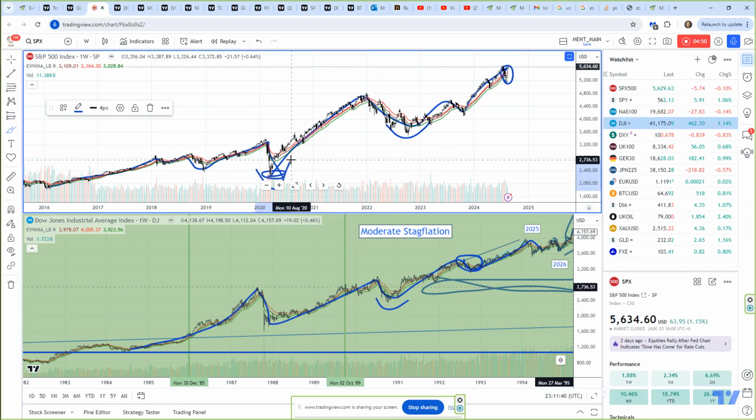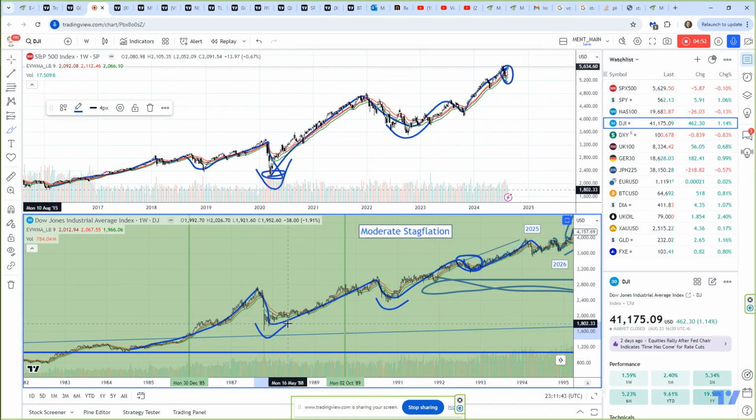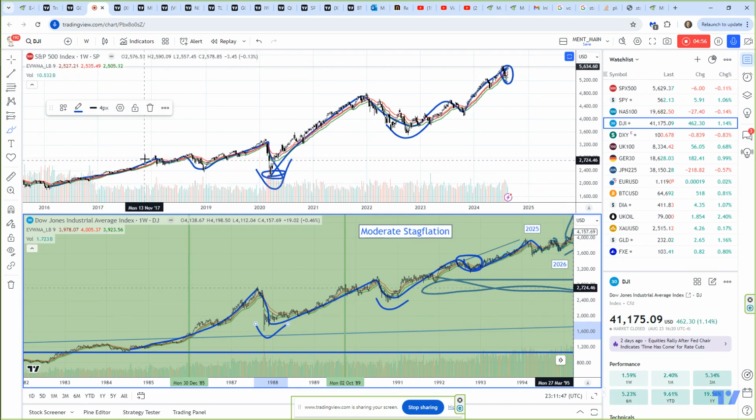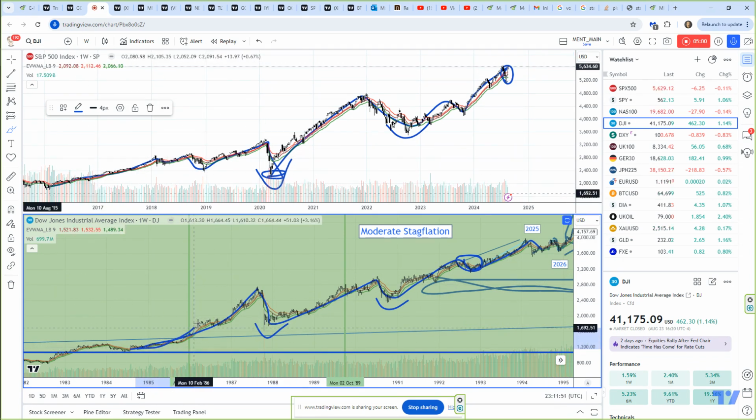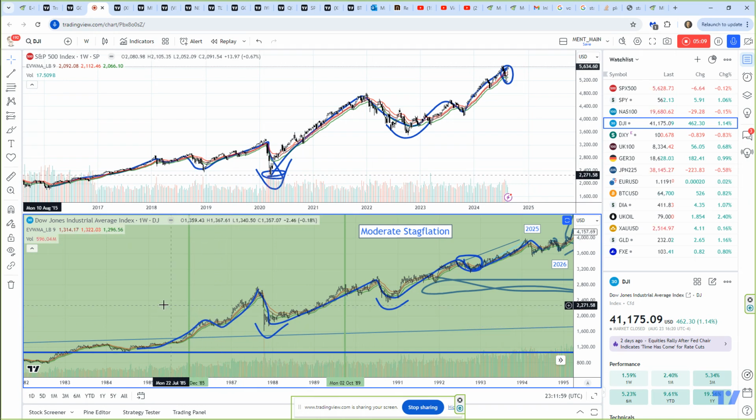The flash crash here can be seen as the flash crash here. The rally phase up. Notice how we rallied, stalled, pulled back, rallied. We rallied, stalled, pulled back, rallied. Okay, I get it. I see similarities. I see what is happening here.